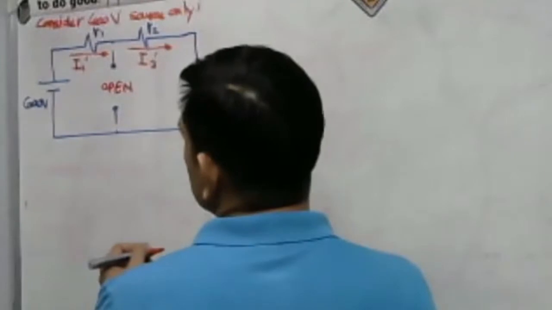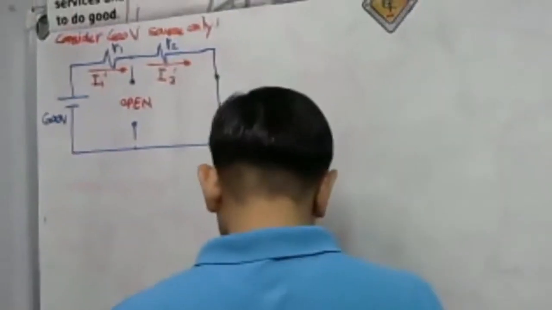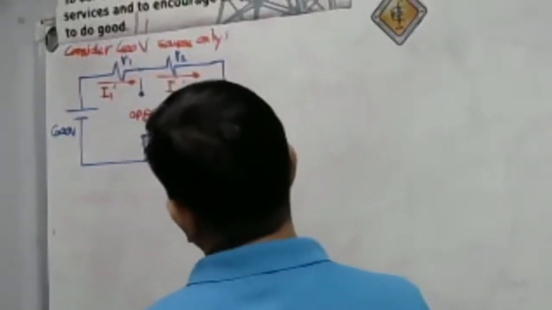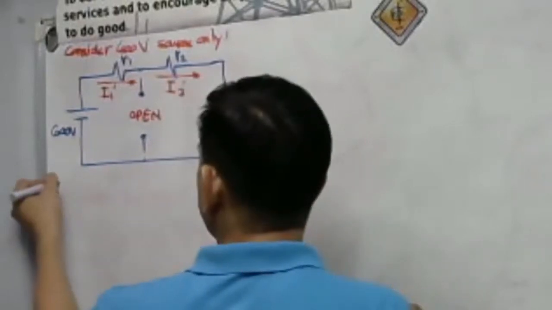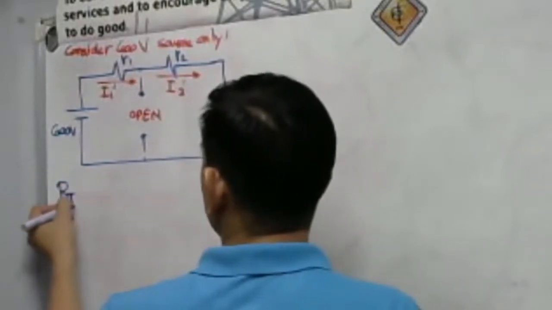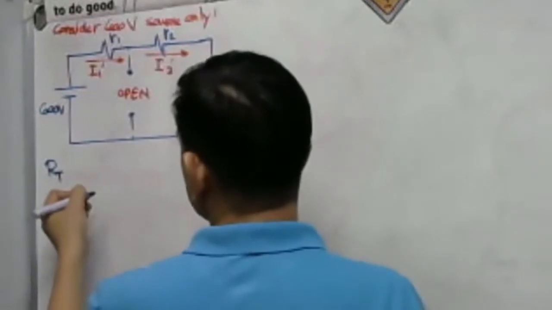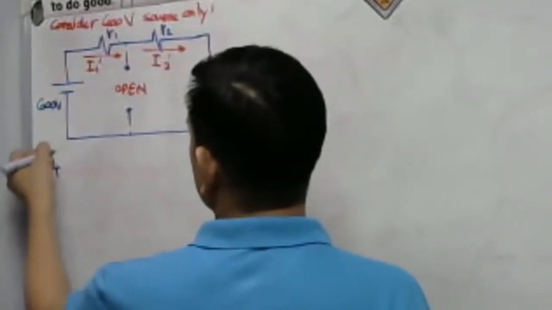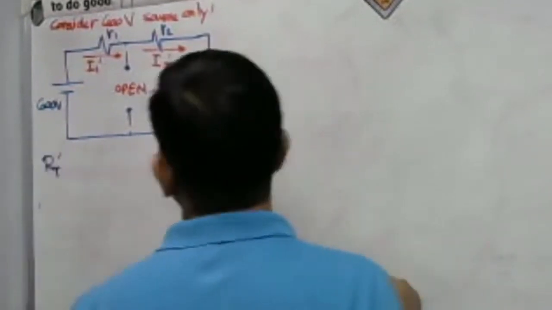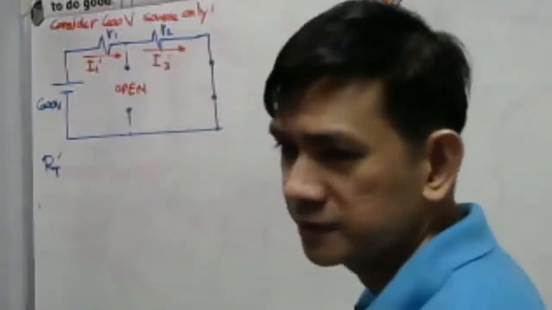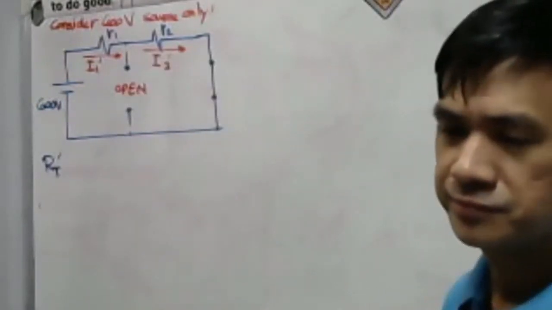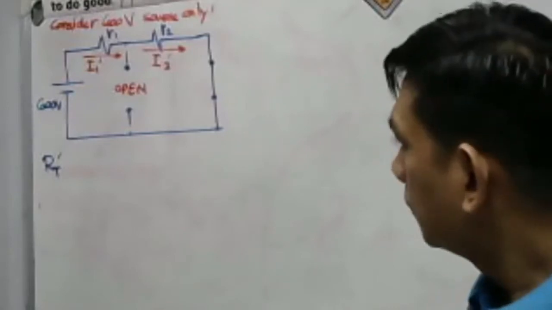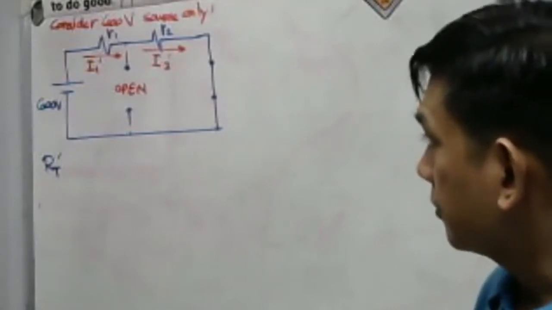Okay? So kuhanin natin dito yung R total prime. Gawin natin R total prime. Okay? That is our R total prime. What is our R total prime?